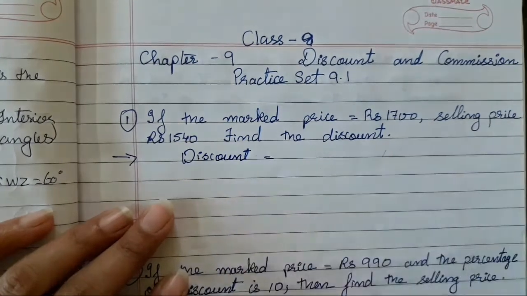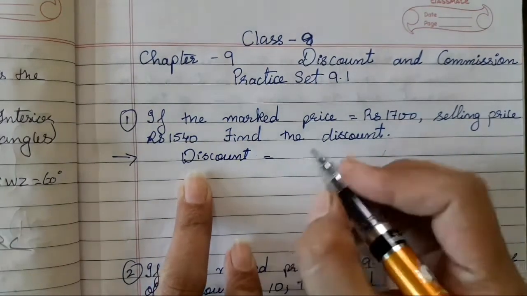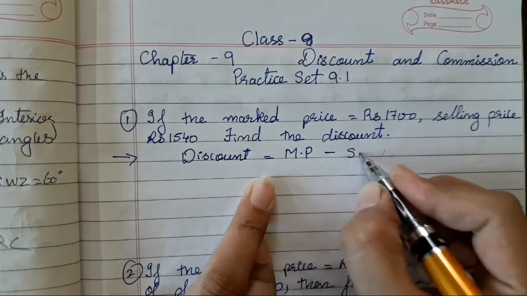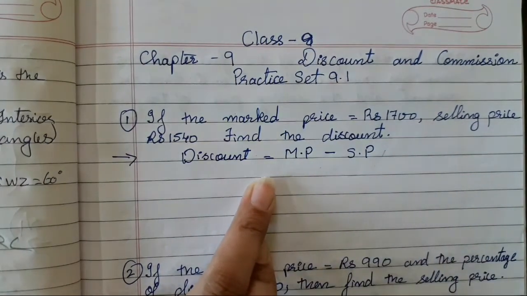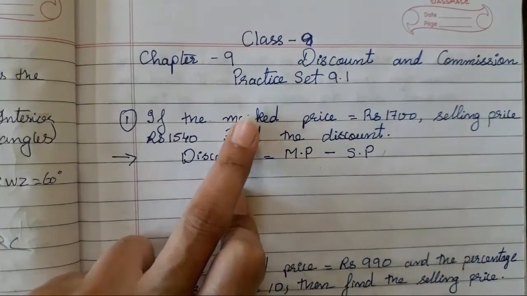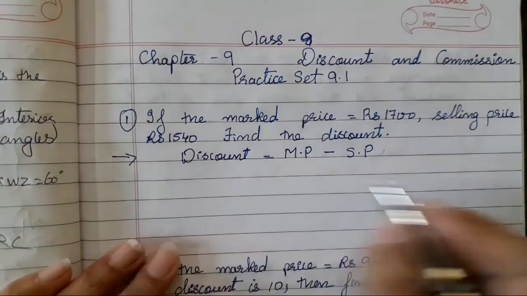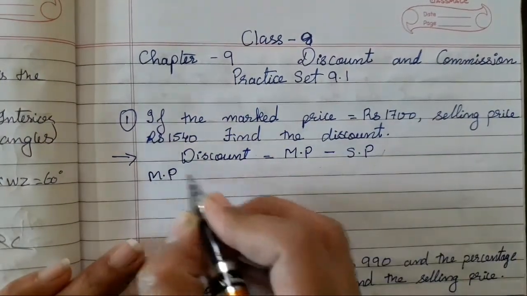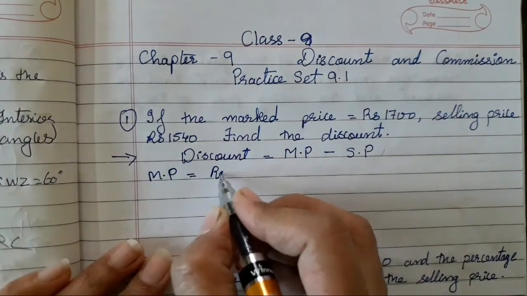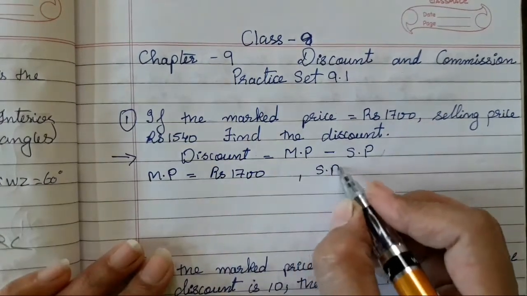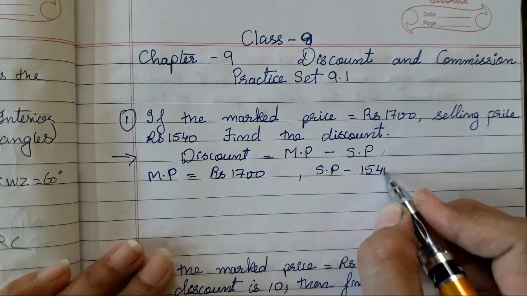The formula for finding discount is marked price minus selling price. Market price or marked price, it's one and the same. So here we have marked price as rupees 1700 and selling price as 1540.